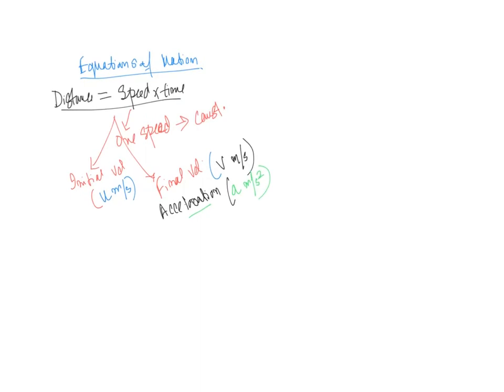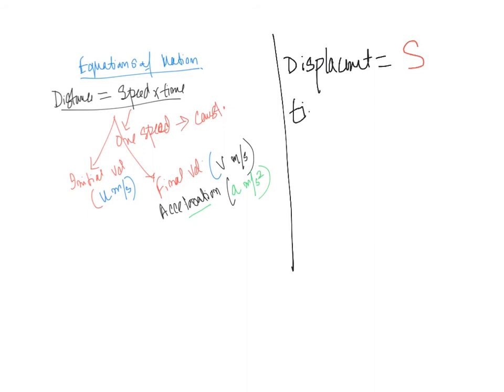Now let's make something very clear before this. We would denote displacement or distance covered as s in the equation. Obviously the unit will be meter. We'll be denoting time in the equation as t. Obviously the unit will be seconds.